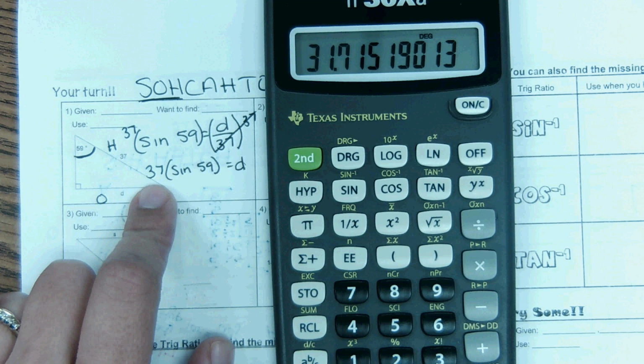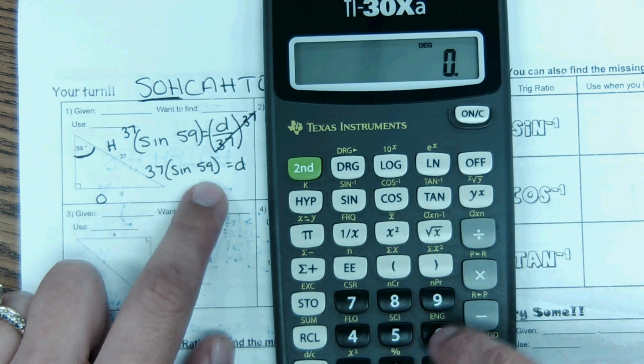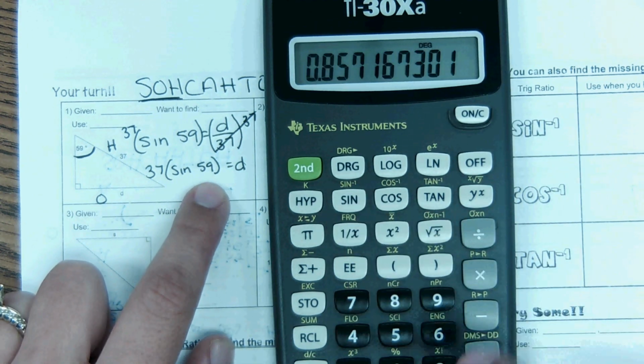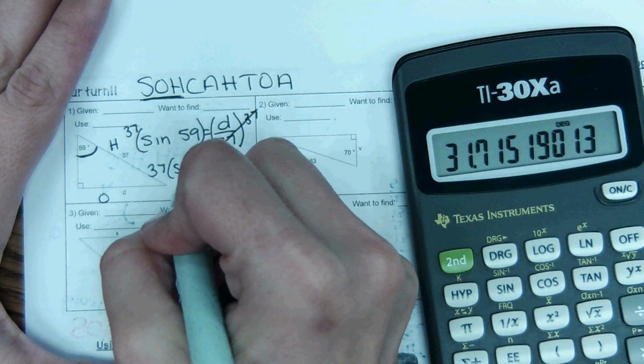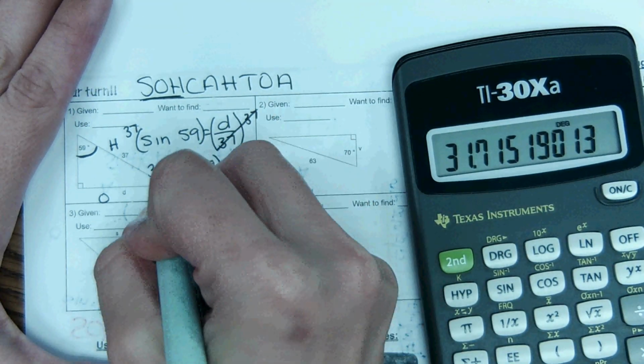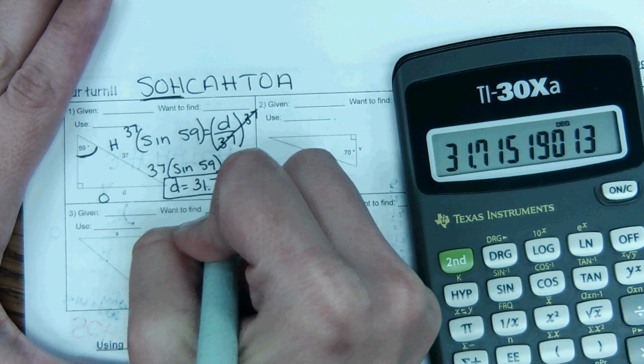You should get 31.7. It's the sine one, so 59 sine times 37, and you get 31.7. We're just going to round to one decimal place today. So d equals 31.7. Were you able to get it, Matthew?